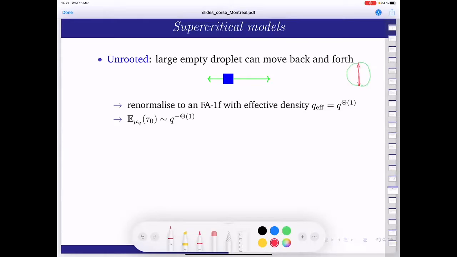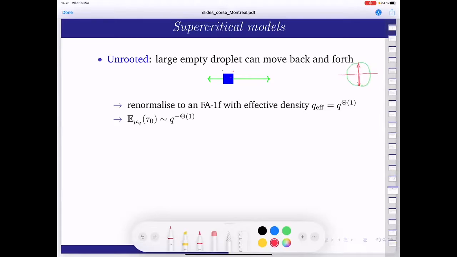So for this model, it's possible to show that, so the mechanism is the following. It's possible to find a sufficiently large region, this region that I'm depicting here, which I will call a droplet, such that if this blue region here is empty, I'm able to move it back and forth along the direction which bisects these two semicircles, which is this one here.